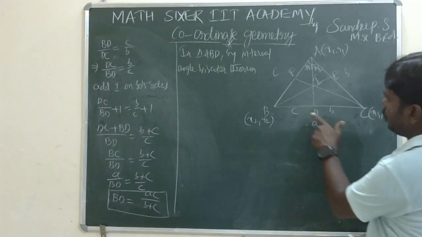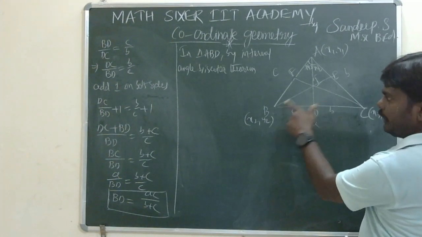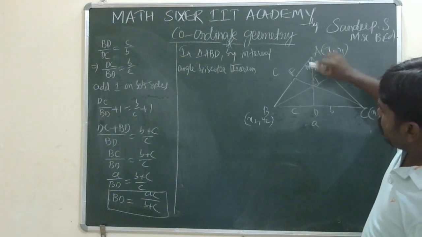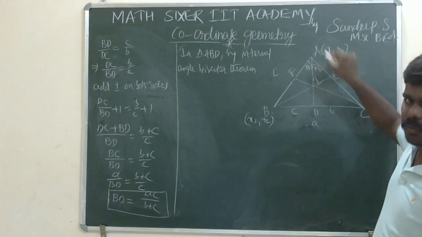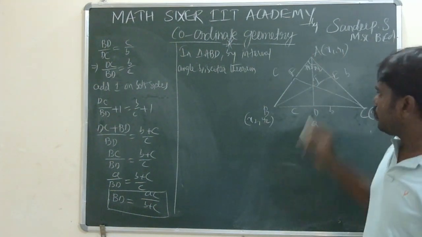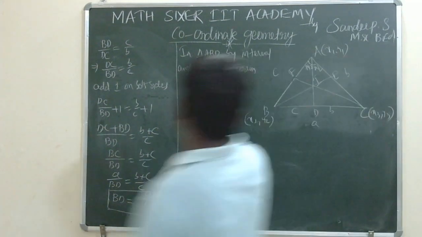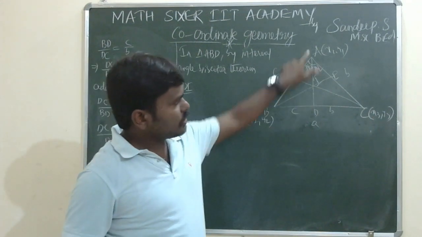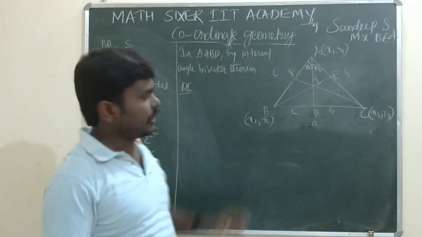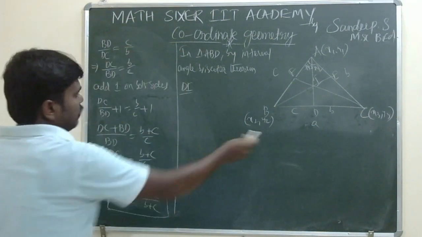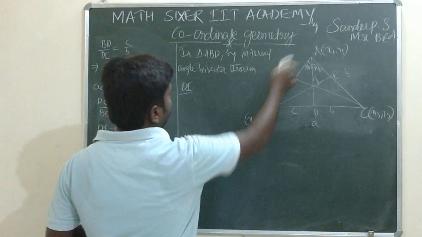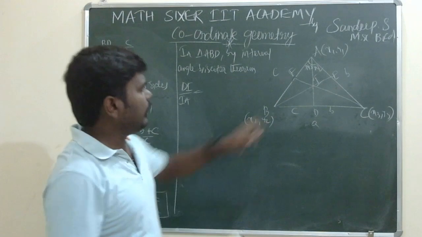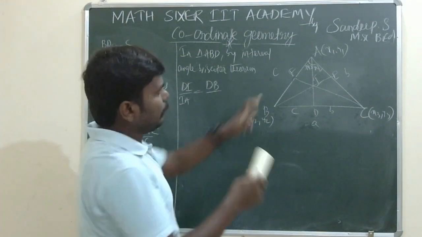So what we can say here, the opposite side to this BI is this DA, which is divided in the same proportion as the remaining two sides. So remaining two sides means here what? Here DI, this internal angle bisector is dividing the opposite side into two segments, and which are in the same ratio of the remaining two sides. Means DI by IA is equal to DB by BA.